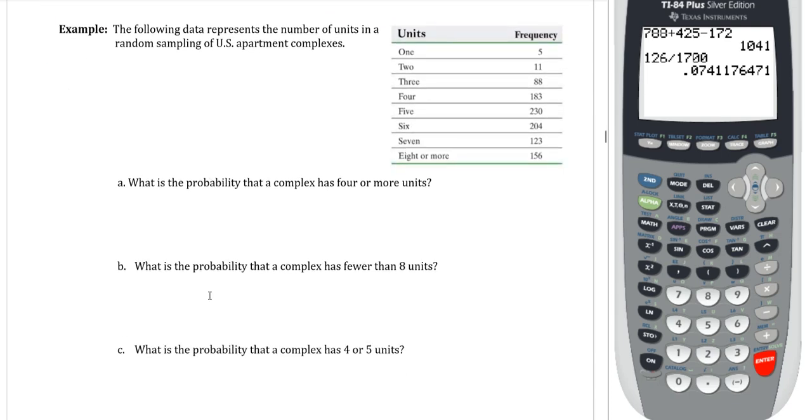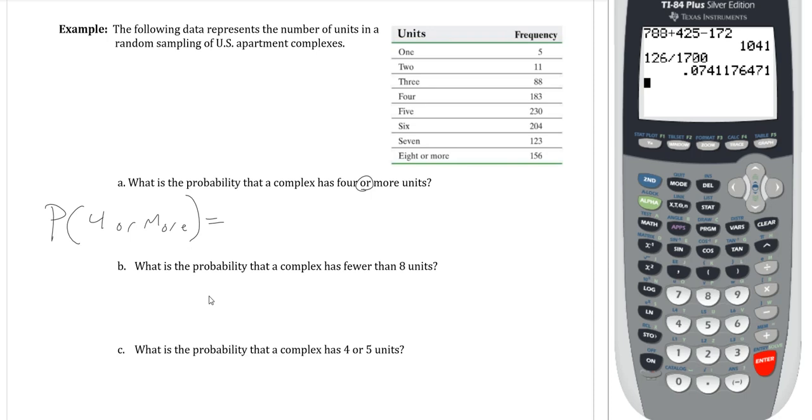Now, an example of that. We have the following data represents the number of units in a random sampling of U.S. apartment complexes. First, we're going to find the probability that a complex has 4 or more units. So a probability of 4 or more. Well, notice that it says 4 or more. That implies that we're going to be adding things together.